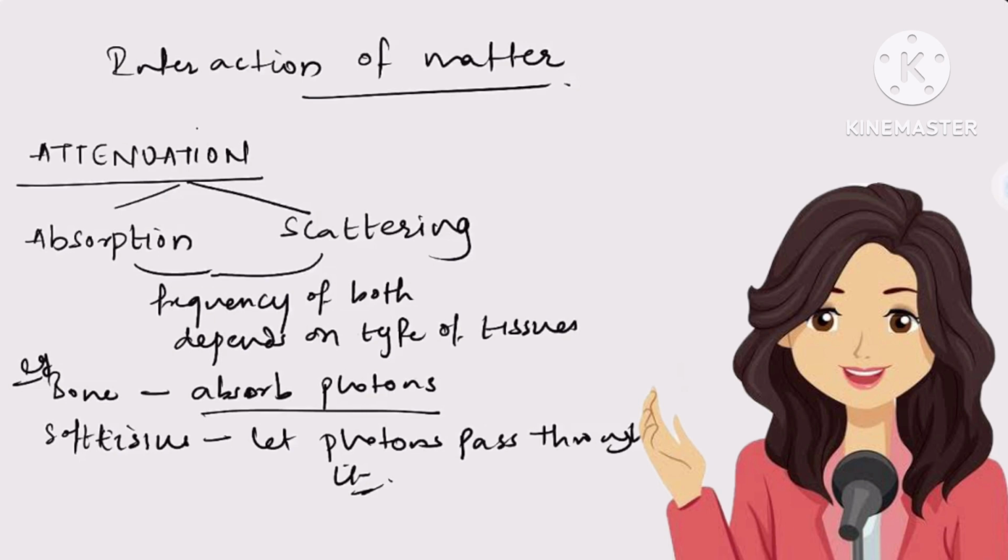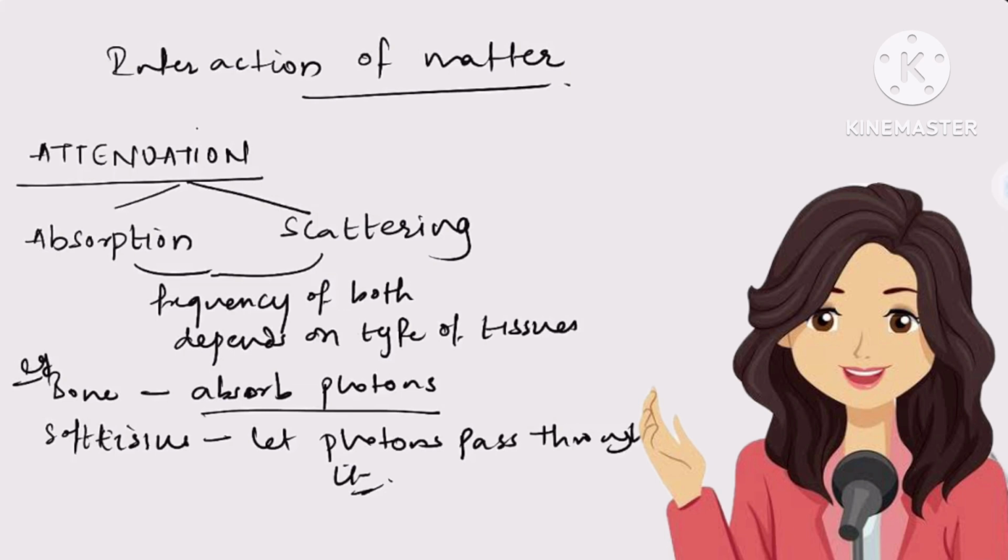So the beam which comes out and hits the film, which we keep to take the X-ray of the tooth, will have different energies of photons. Then it will form the image on the film. So the attenuated beam will have a differential absorption of photons.